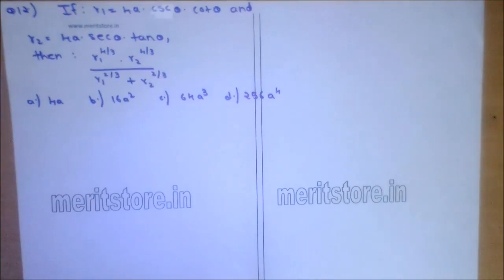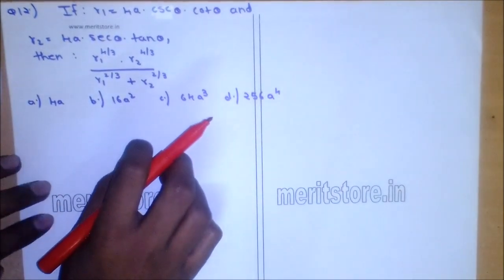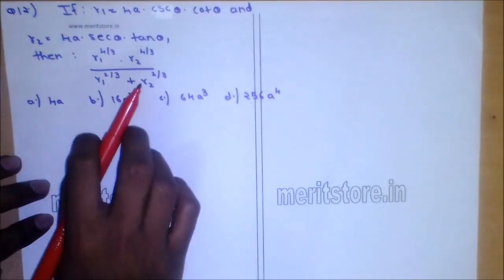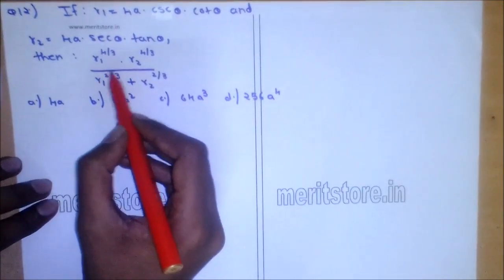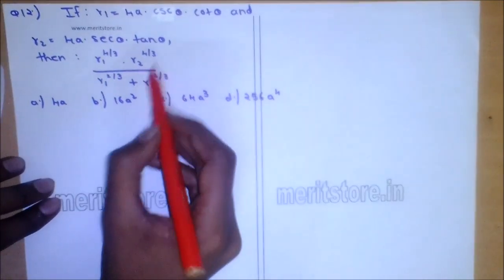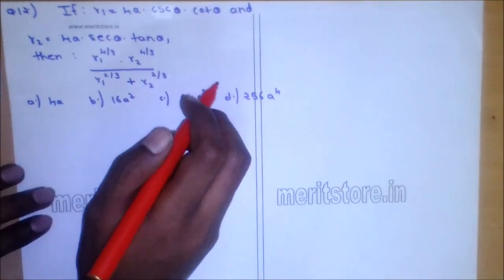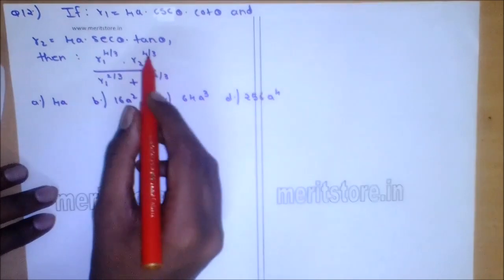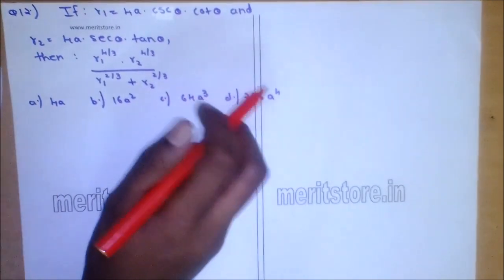It is given that R1 equals 4a cosec theta cot theta and R2 equals 4a sec theta tan theta. So we have to find the value of R1 raised to 4 by 3, R2 raised to 4 by 3 by R1 raised to 2 by 3 plus R2 raised to 2 by 3. So for this problem we will solve the numerator separately and the denominator separately.